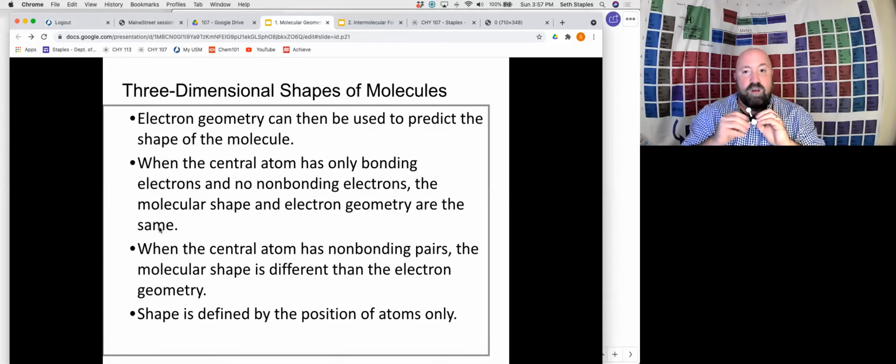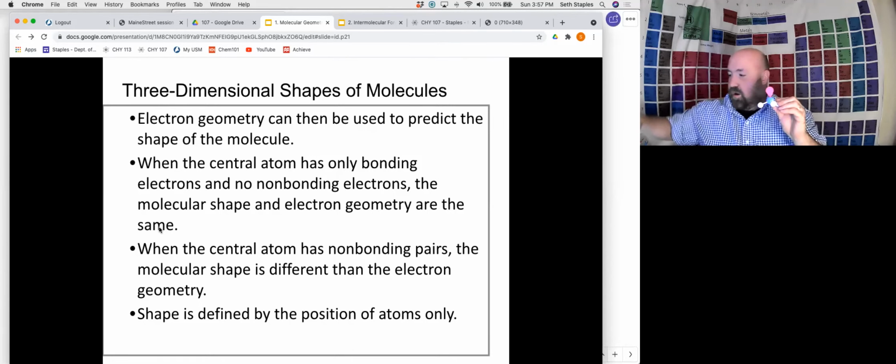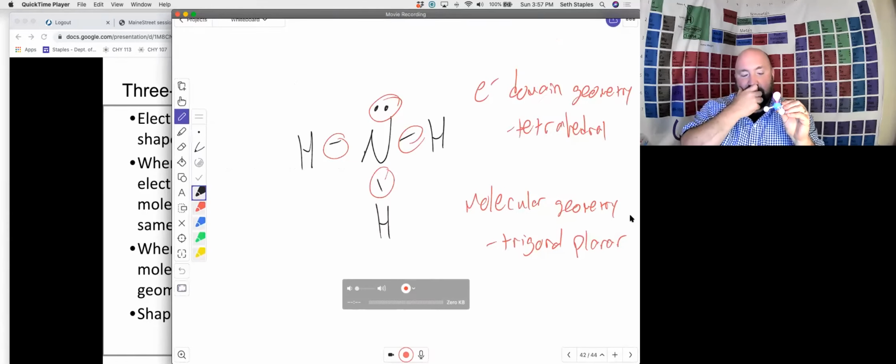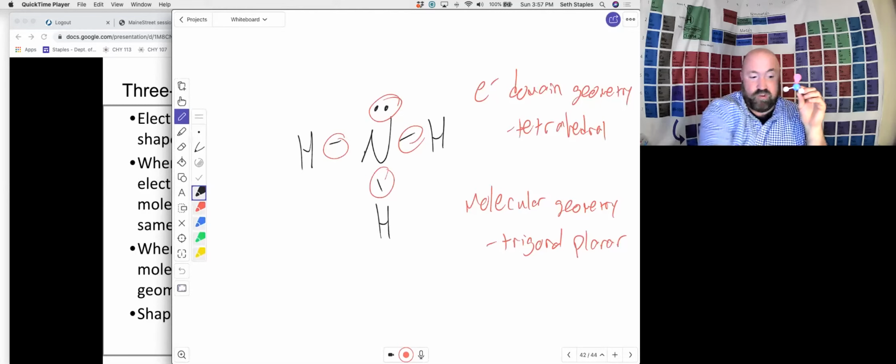If, however, you have non-bonding pairs, in a case like ammonia, so here's ammonia, and now we're showing the lone pair. And so here's our ammonia from before. We have our nitrogen here in the middle, our H, our H, and our H. But then we also have this lone pair up top. And so we can see that our electron domain geometry is still tetrahedral, just like methane was.